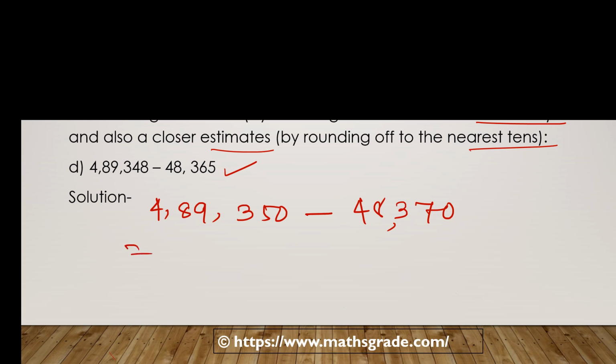Now subtracting this number, 0 minus 0, 5 minus 7, 15 minus 7 is 8, 12 minus 3 is 9, 8 minus 8 is 0.